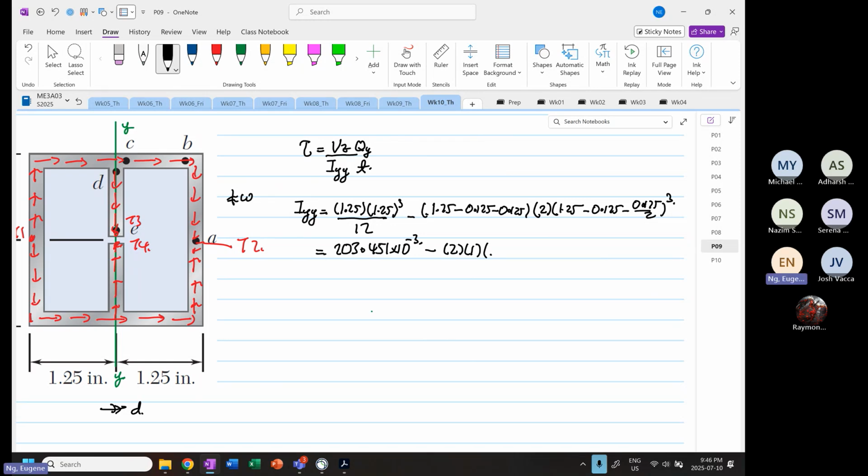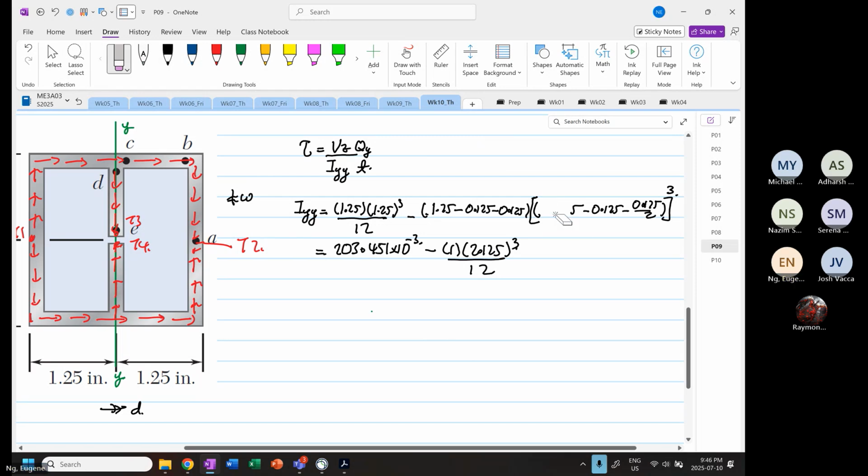No, I got the depth wrong. Sorry, the depth is 2.5, right? Okay, 2.5.